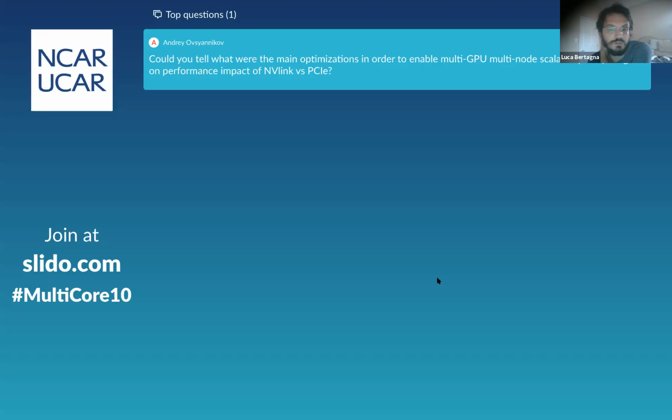Multi-GPU, multi-node, so yeah, those were the most important optimizations that I think you were referring to. So Homme is able to handle GPU Direct, so it uses the pointer on device for MPI. Other optimizations for multi-GPU, I can't think of any specific ones.